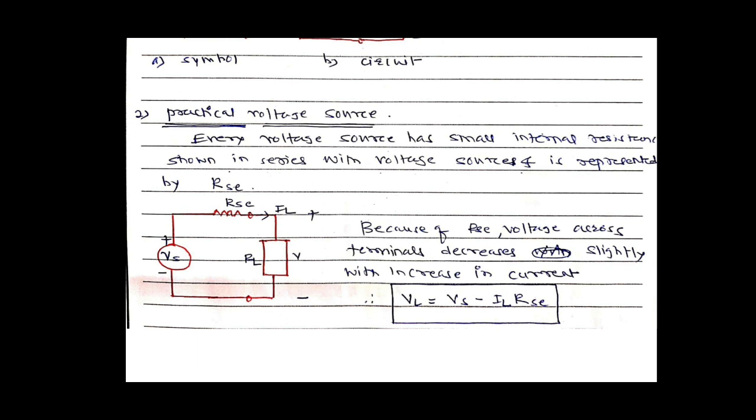So this is the practical voltage source. In an ideal voltage source, there is no change of voltage at the terminal. In a practical voltage source, the terminal voltage may change because of this internal resistance which is connected in series.